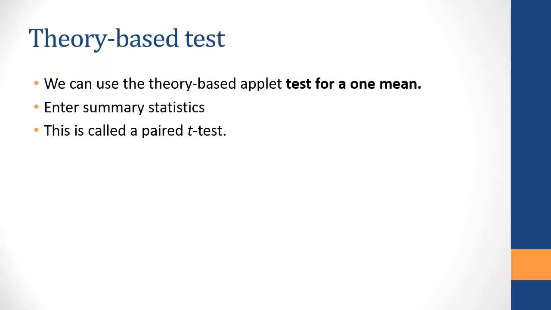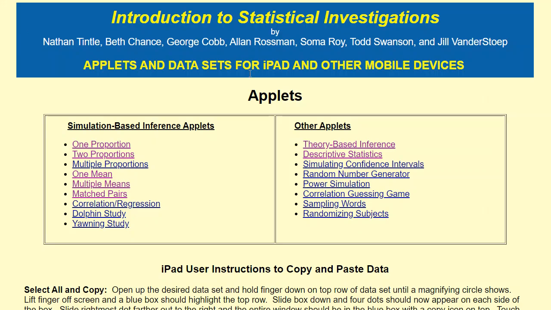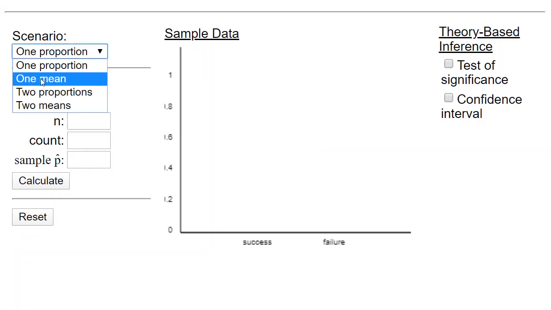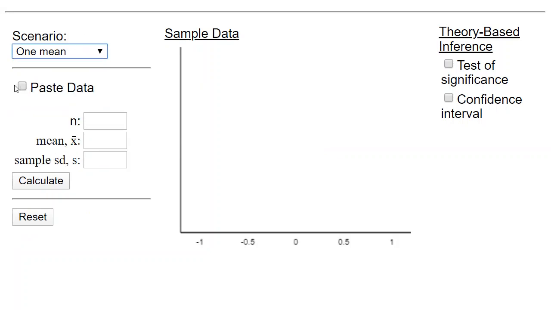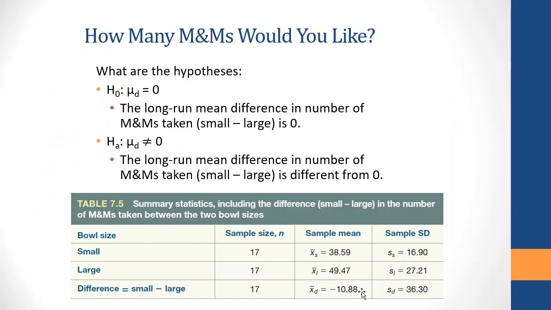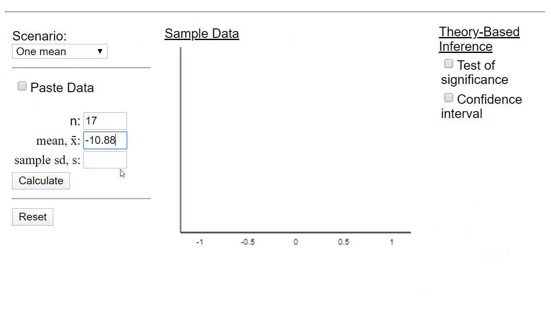Okay? And so if we jump over to our applets, really we can just use our theory-based inference here, and we can set it up for one mean. Now if we had the data we could paste it in, but in this case we just have 17 people. I think negative 10.88 was the sample average of the differences, and the standard deviation was 36.3, so we can put 36.3 there.